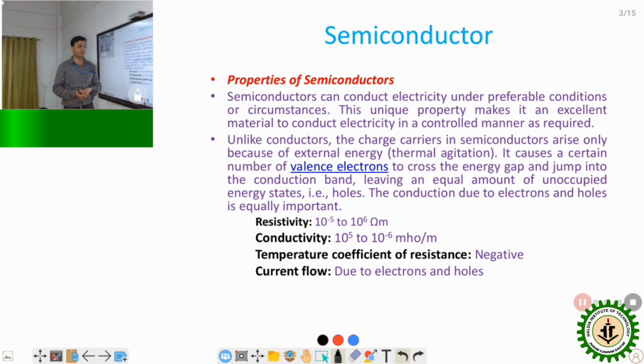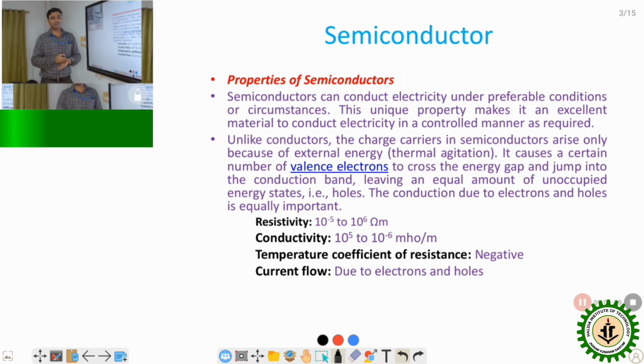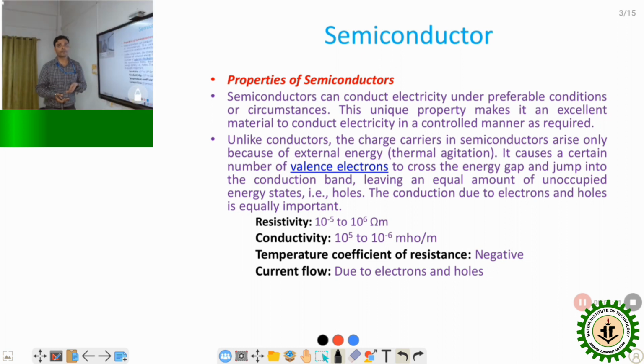Temperature coefficient of resistance is negative. And the current flow in a semiconductor is due to both electrons and holes. That means whatever current we get in a semiconductor, electrons and holes are responsible for that current.